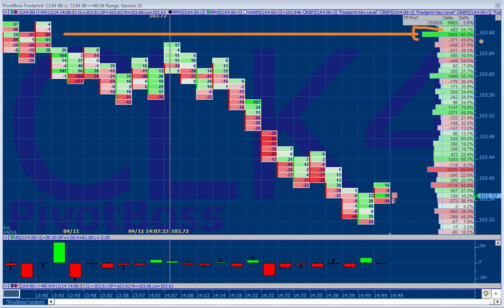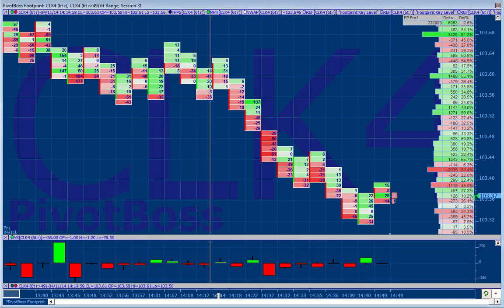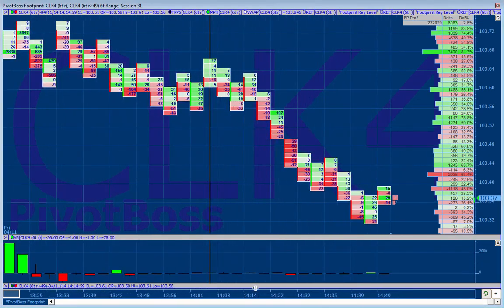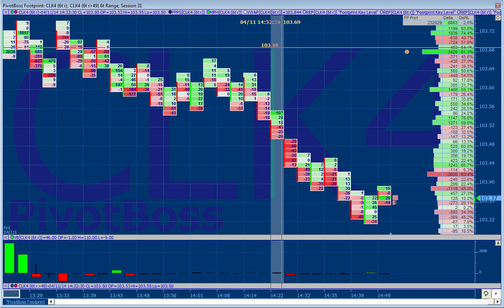What did I mention before? Look how big that buy is right there. 81.3% of the contracts that came in on that price throughout the day, 103.68, were buy side. Cumulatively, 80% of the contracts at that price were buy side. So if you look at that price now, right here at 68, 2,800, 600, those are buyers.